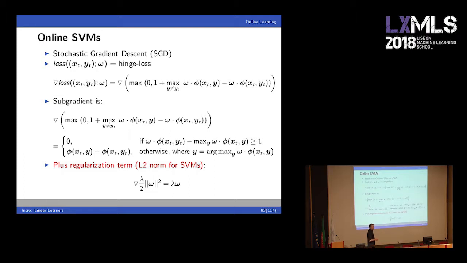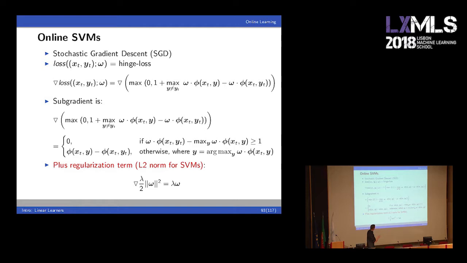We can apply the same idea to support vector machines, and this is, I would say, the best way of optimizing support vector machines. You are not applying quadratic optimization techniques to the constrained optimization problem. What you're doing is formalizing this hinge loss objective and taking a stochastic subgradient descent routine on the hinge loss objective. So you're taking the gradient of your hinge loss.